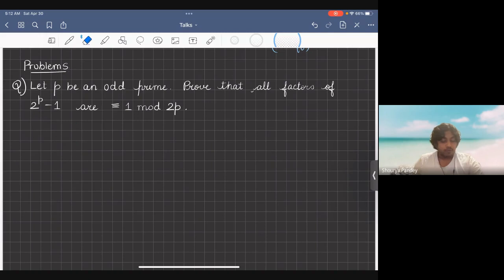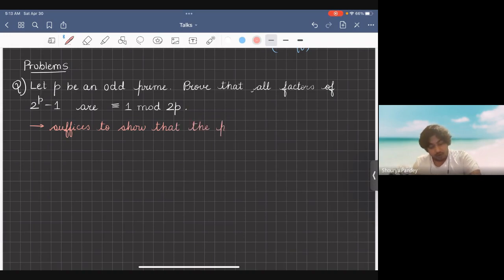Okay, so first of all, note that it suffices to show that the prime factors of 2 to the p minus 1 are 1 mod 2p.